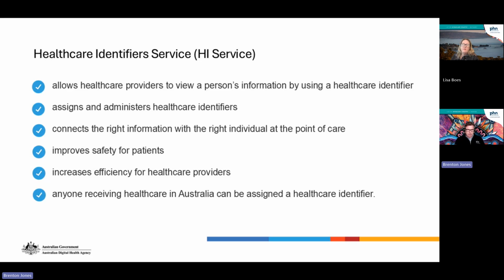So it's a digital tag, right? Assigns and administers healthcare identifiers. It connects the right information with the right individual at the point of care. Improves safety for patients, increases efficiency for healthcare providers. And anyone receiving healthcare in Australia can be assigned a healthcare identifier as well.